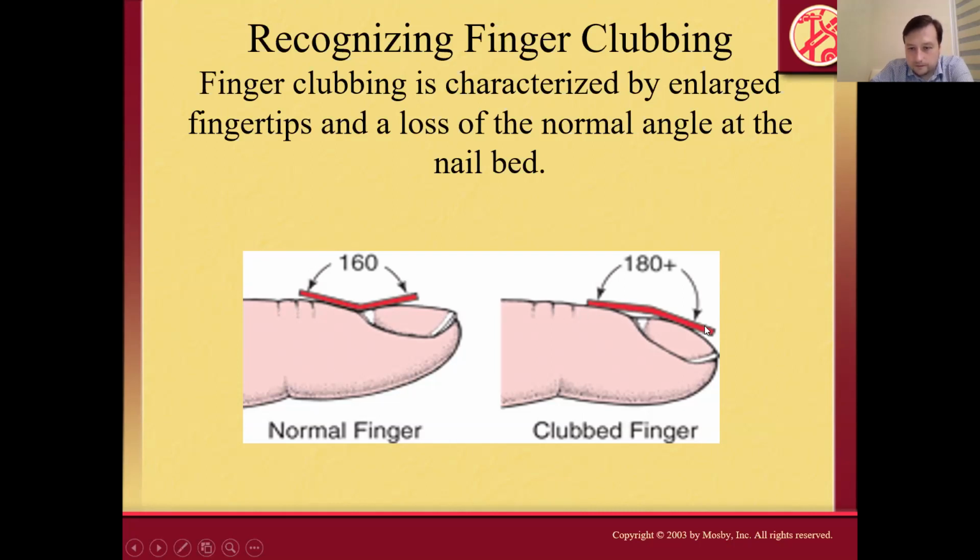If we put some paper or a ruler, we can see that the angle decreases. This is the normal angle and the clubbed angle, which is more than 180 degrees.